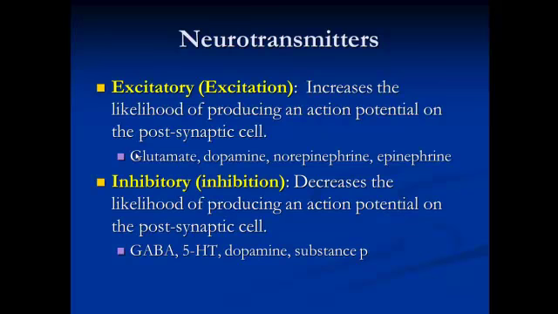A neurotransmitter can also go to a postsynaptic cell and tell that cell, don't fire so much, fire less often. Excitation and inhibition, and that's how your whole nervous system works. We're going to look at a lot of these different neurotransmitters, such as GABA, serotonin, dopamine, and how they work.